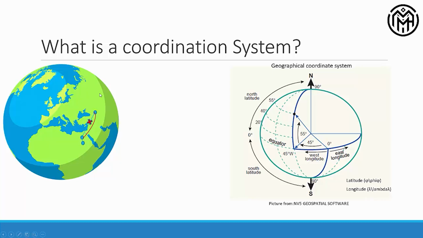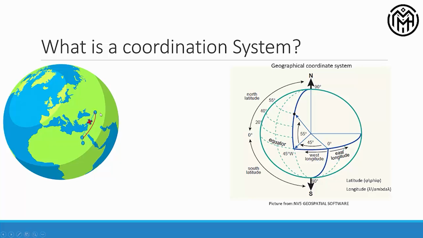Any point on the globe, you can locate by knowing the latitude and longitude for this point. By some mathematical calculations, I will not go deep into it, you can locate, and you can also measure between different points on the globe.